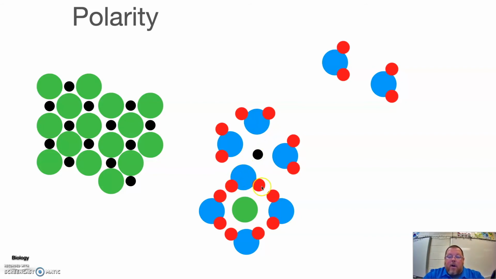And we've got our hydrogens, which remember those were the positive ends. They are going to be attracted to a chlorine atom, which is going to have a negative charge. So this is why when you put salt into water, it dissolves, because it's breaking up the sodium and the chlorine bonds, the ionic bonds between those.